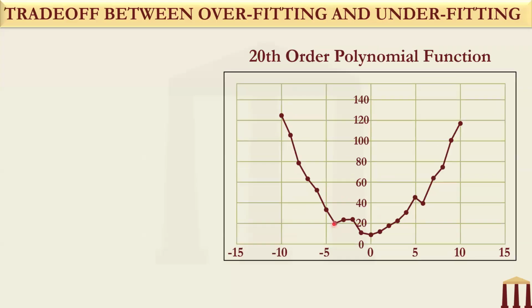Now let's see the next case. This plot shows the same data points as before, the same points, but this time we have fitted a 20th degree polynomial. Extremely flexible, a classic case of overfitting. It is so flexible that it twists and turns dramatically just to pass through nearly every single data point.